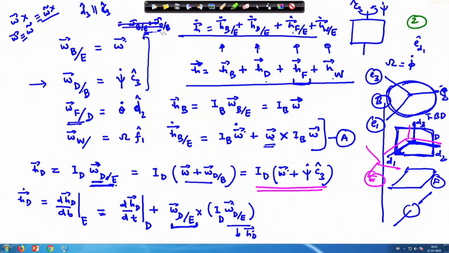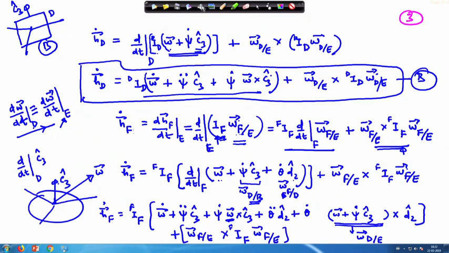So, this part I am not writing here, this is obvious. Okay, and we can expand it and write it.